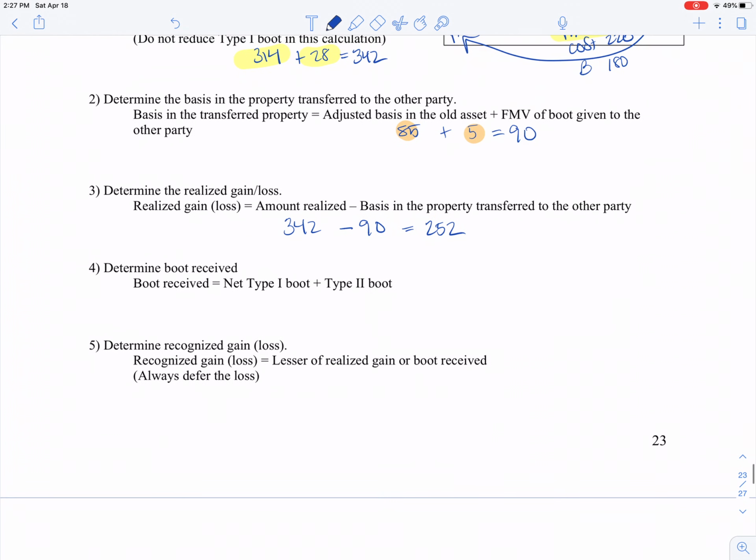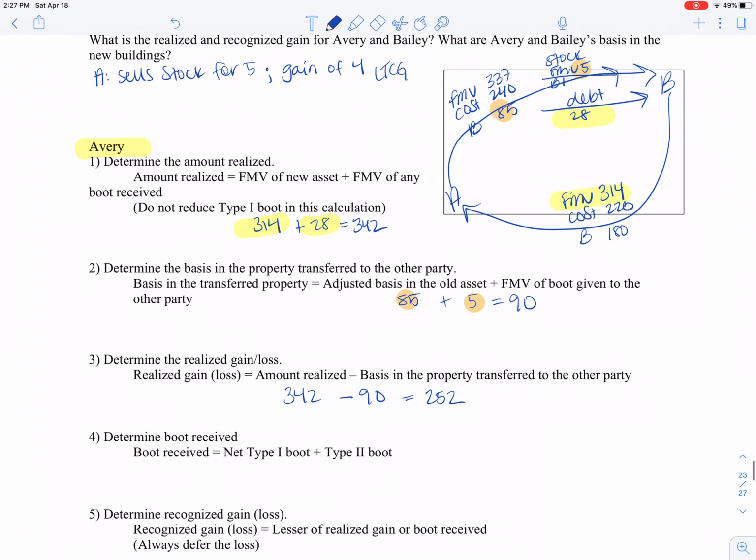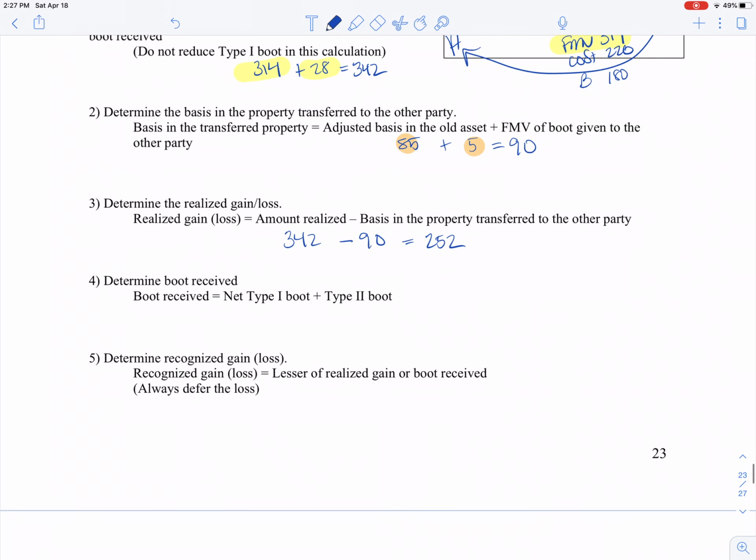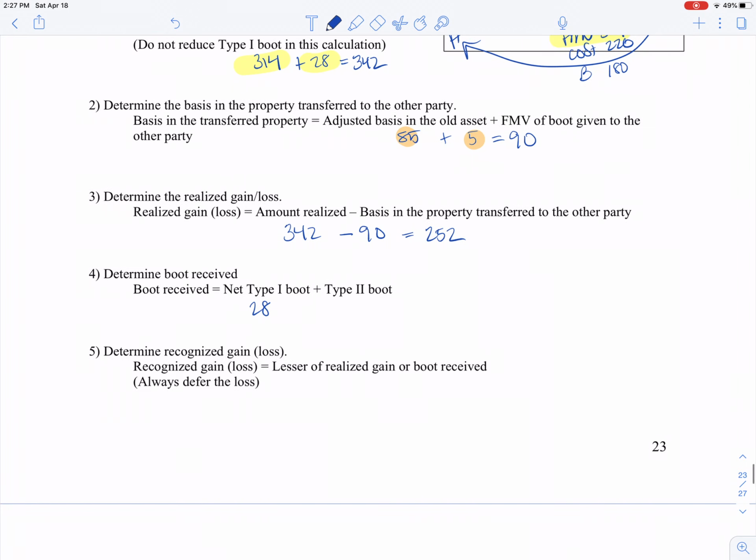Now this is the first time we've seen this netting of boot. So we're thinking about the boot received. And when we're thinking about the boot received, we're thinking about how Bailey took on $28 or $28,000 of debt. So that's our 28 in type 1 boot that we are netting with the 5,000 in boot that we gave. Okay, so we gave boot the $5,000.